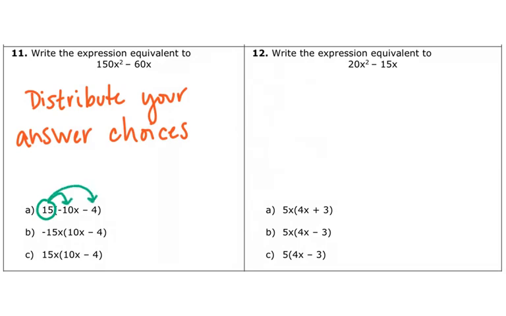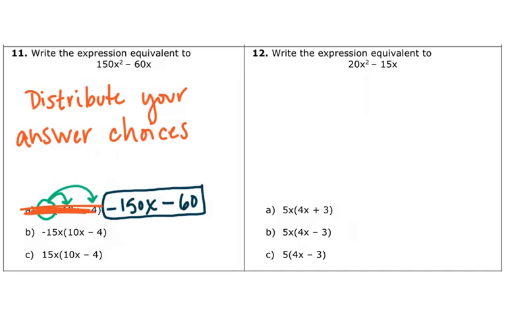Use your calculator to help you. 15 times negative 10 is negative 150 with an x. 15 times negative 4 is minus 60. There's no x in that back term. This does not at all match that. So the answer choice is not A.